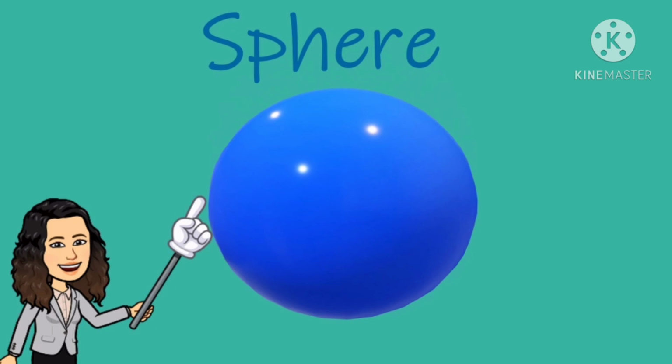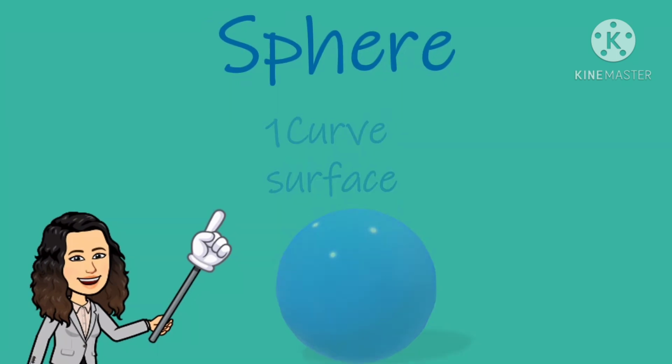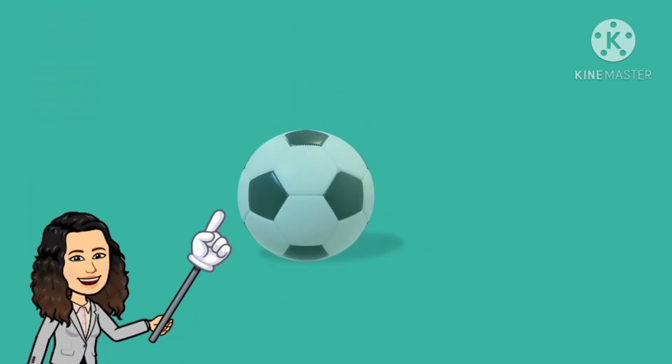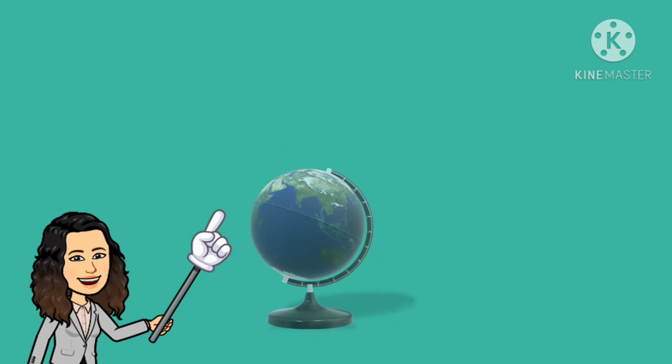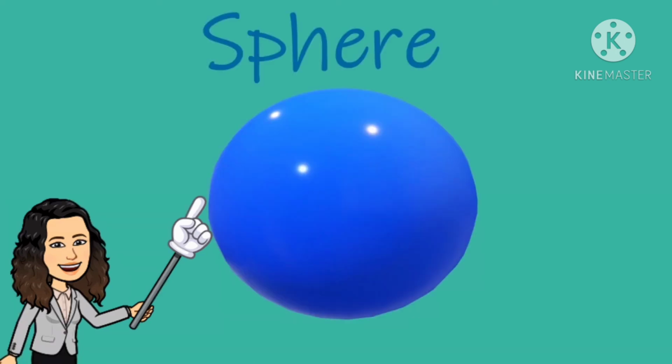How unique is that? That's what makes a sphere perfect for a soccer ball, bowling ball, and a globe. It rolls easily in any direction and you can kick it without banging your toe on a sharp corner.